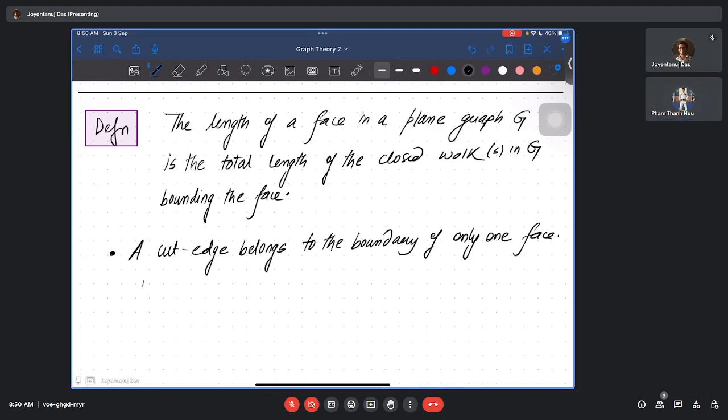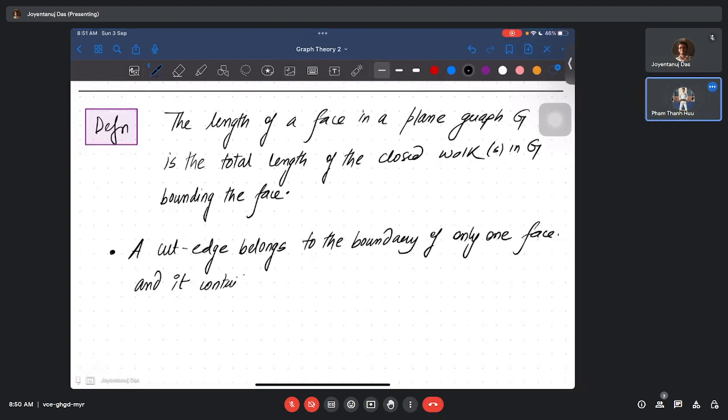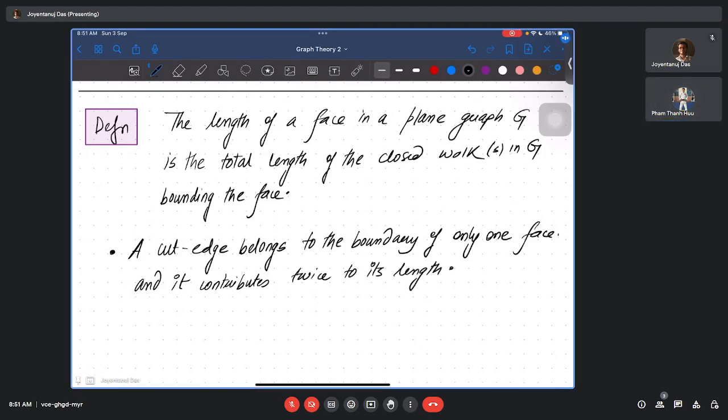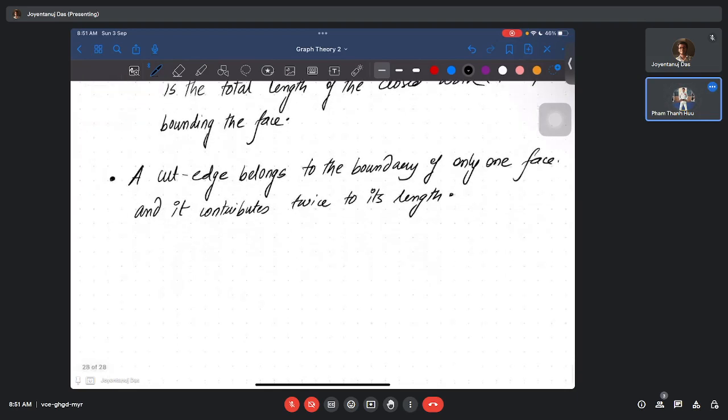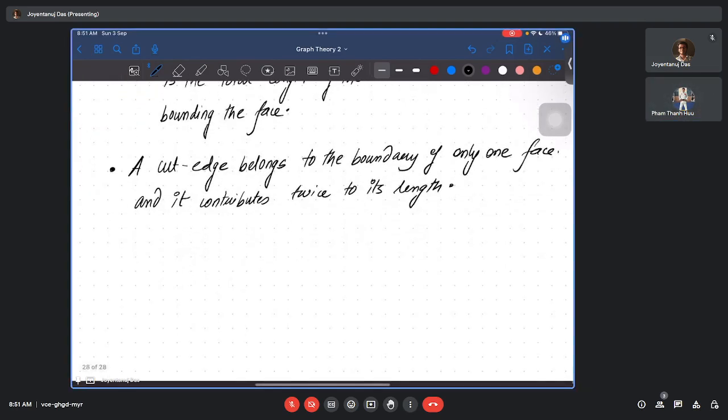And it contributes twice to its length, because the bridge will be covered twice when you have a closed walk, right? Okay. So now, based on this, we have the next proposition.